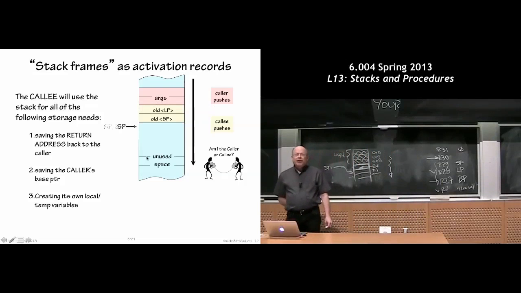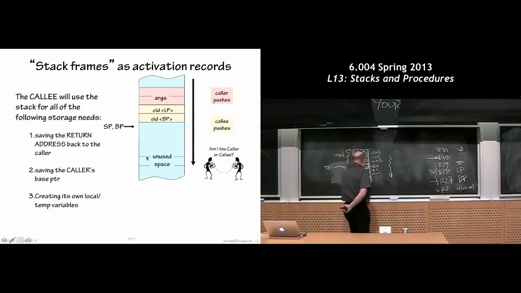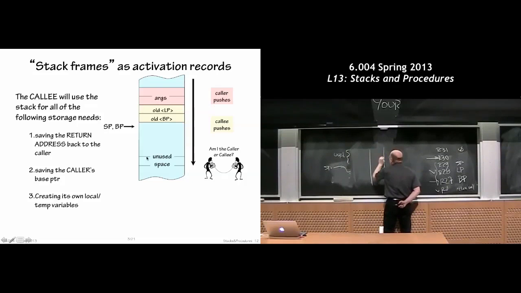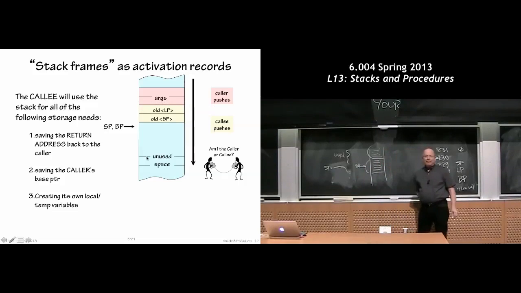Because the next thing I'm going to do, so I'm carefully building up this picture of a stack, right? You see a detailed picture on the slide, but if I just think about this, think of this as my stack of books. So here's one book, and here's my next book, which is some number of locations on the stack. The base of frame pointer is a pointer, if you will, to the current book.